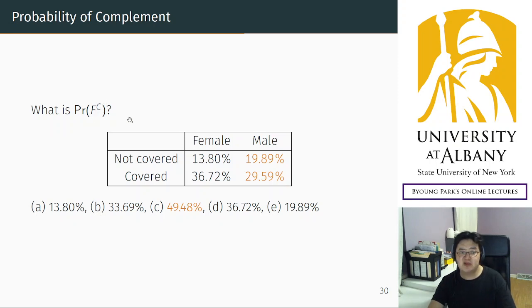So its probability is the sum of these two probabilities. That's how we can calculate the probability of the complement. It's quite simple, but actually this is the fundamental way to find the probability of the event.